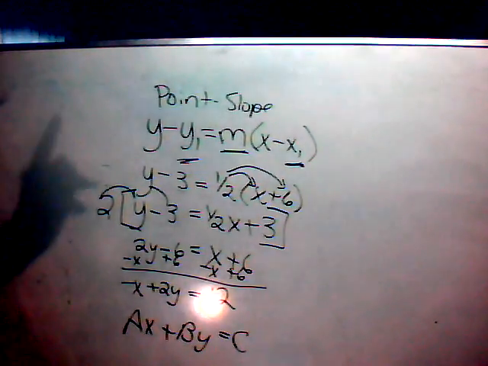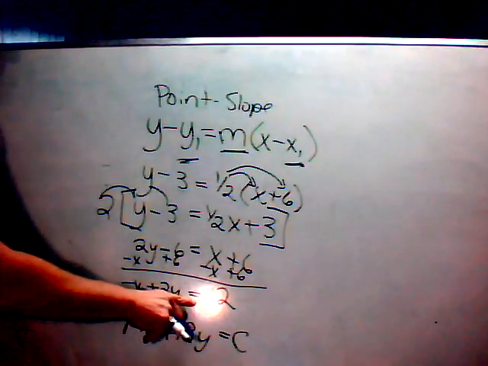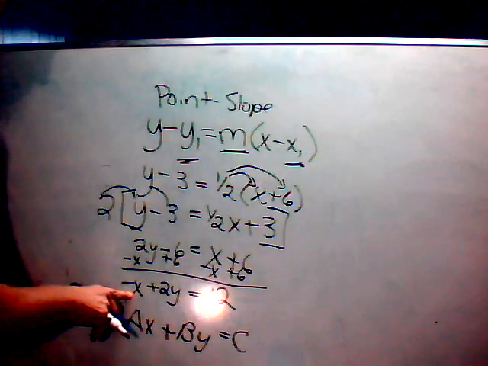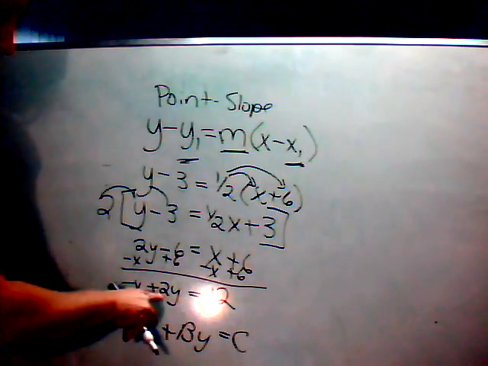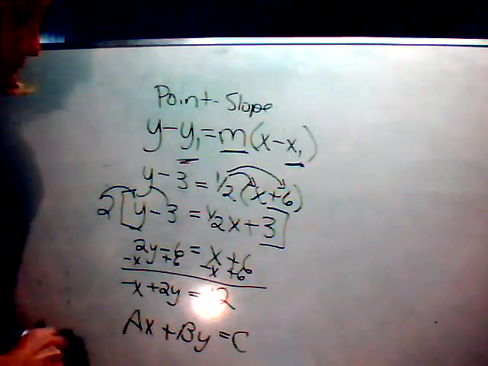Now I'm almost done. I've got ax plus by equals c, but there's a slight problem. The slight problem is a is negative. In standard form, a can't be negative. So all I'm going to do is multiply every term by negative 1. In other words, change the sign of every term.